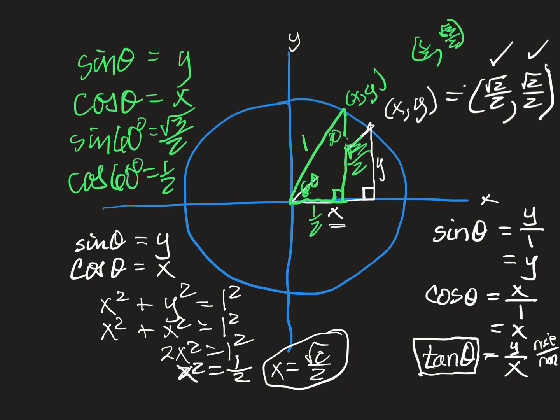So the question then becomes, what if we get multiples of these angles, right? What if we're down here at 240 degrees, all right, and we make the triangle with the axis? What are the x and y's going to be down here?